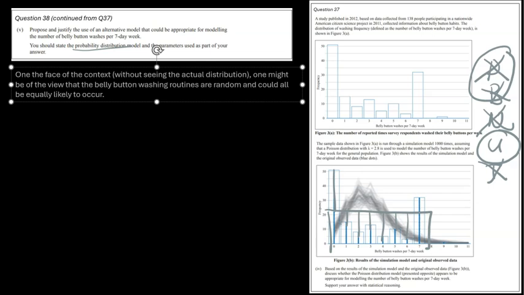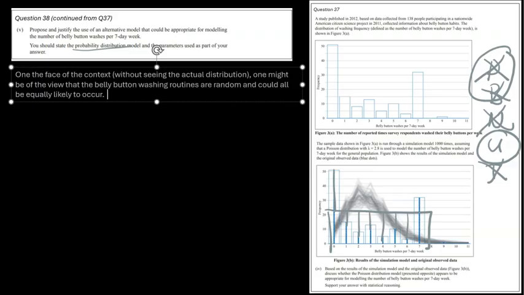And it does make a lot of sense. Maybe belly button washing is random. So maybe we're going to see an assortment of 1 to 7s. And because we're expecting an assortment, they all might be equally likely. And maybe because they're all equally likely, if you graph that, they're all going to have the same height as a bar, which is going to look like a rectangle. So that's what that's trying to sell: maybe they're random, maybe they're all equally likely to occur, kind of like rolling a dice.